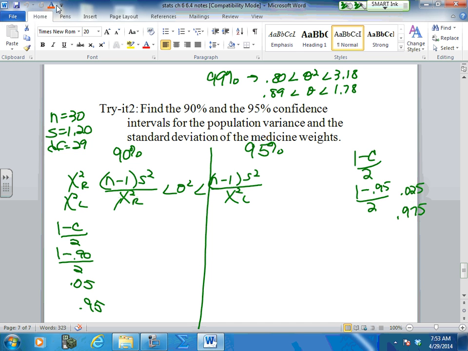So you guys set me up the confidence intervals for these based on the information that we have here. The numerators are not changing.